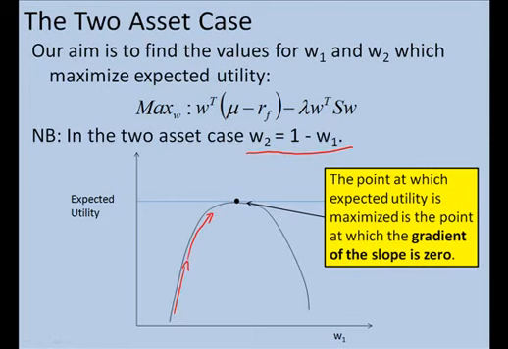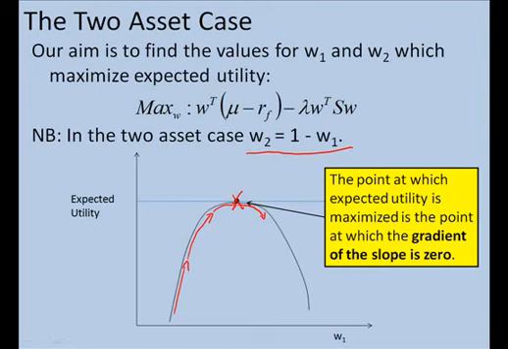So we keep investing an even higher percentage into asset 1. And at some point we find that expected utility has reached a maximum. We can't increase expected utility any further. We then add a bit more of asset 1 to our portfolio, so we increase the percentage still further, and we see expected utility starts to fall.